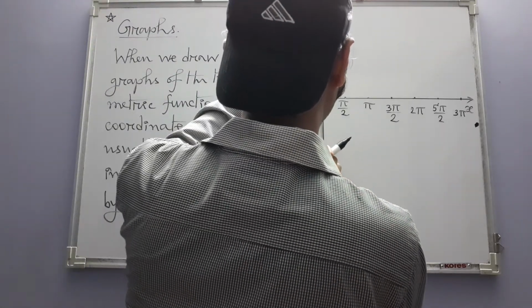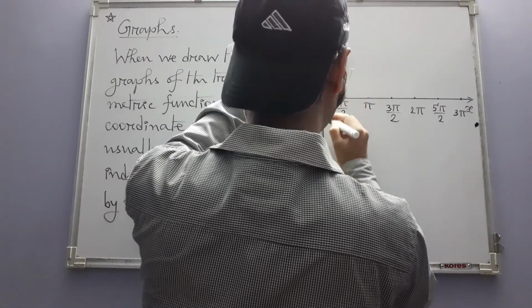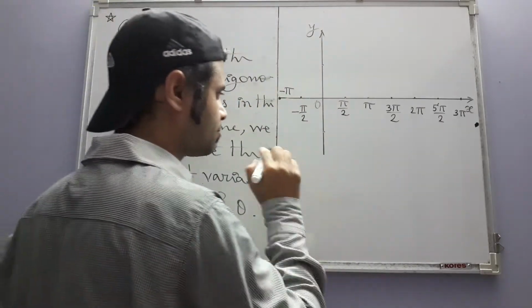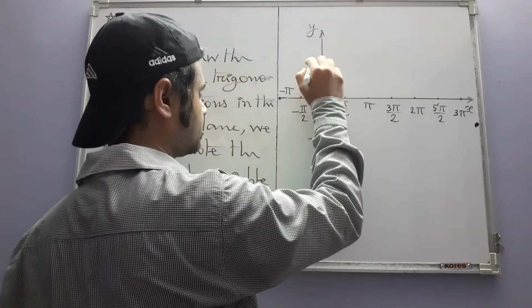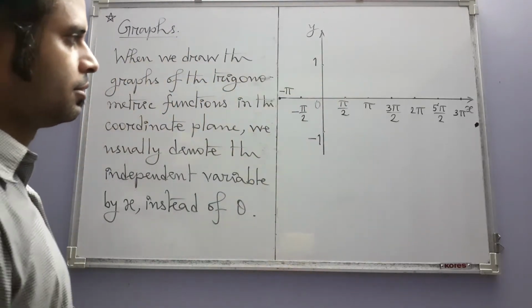Besides these x values, on the y-axis we need to locate 1 and minus 1, because we know that the sine function has its outputs lying between minus 1 and 1.